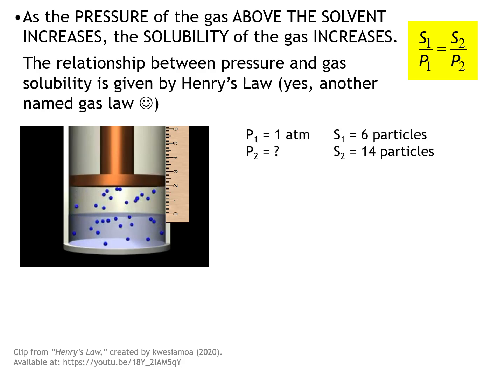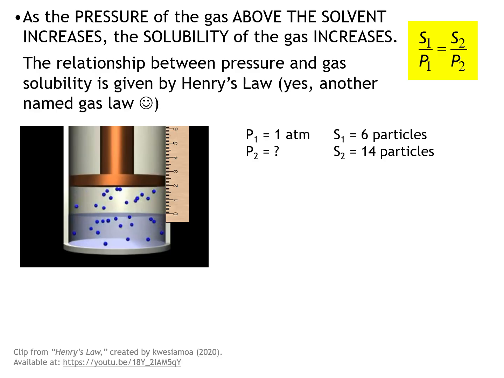Initially we had 6 particles dissolved in the solvent under 1 atmosphere of pressure. Afterwards, there's a range of particles that show up in the animation, between 12 and 16, so we're just going to pick the average value of 14 particles dissolved in the solvent after we have increased the pressure.